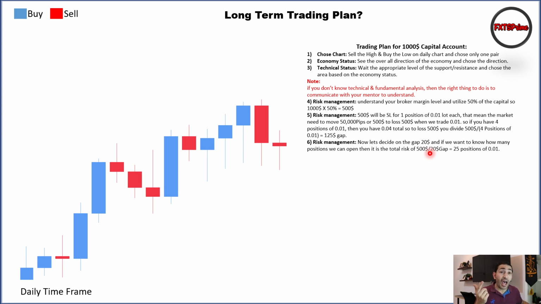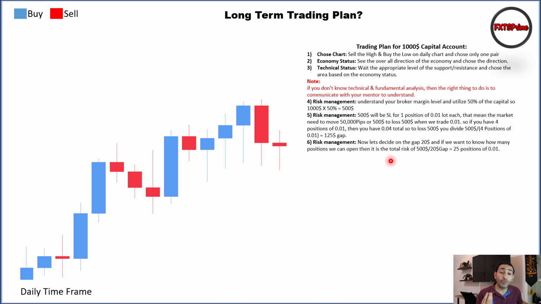So I want to know how many positions I can open using the $500. If I decide to take a gap of $20, I have to calculate how many positions I can open to lose $500 when I am trading with a $20 gap movement in the market.